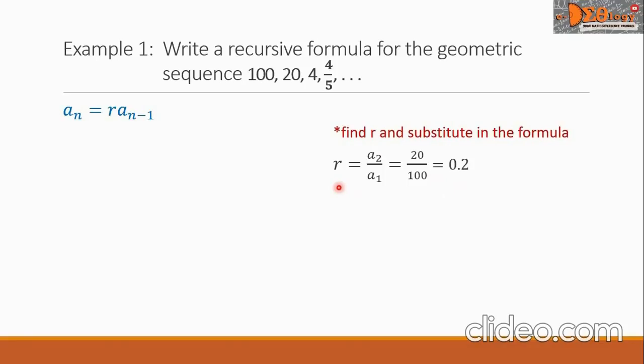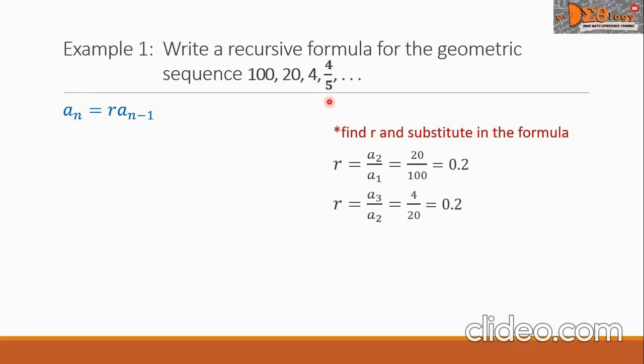Or let us check for other pair of consecutive terms. This time, let's have a sub 3 and a sub 2. So we have a sub 3 over a sub 2, and that will be 4 over 20. And this value is also 0.2.